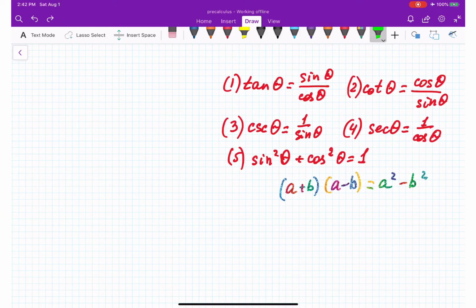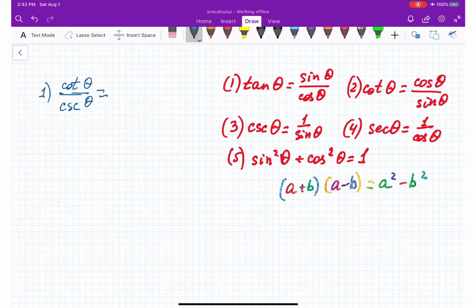First one. Cotangent theta over secant theta. Okay, applying identity.